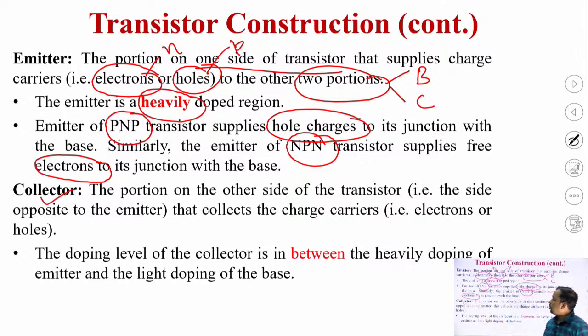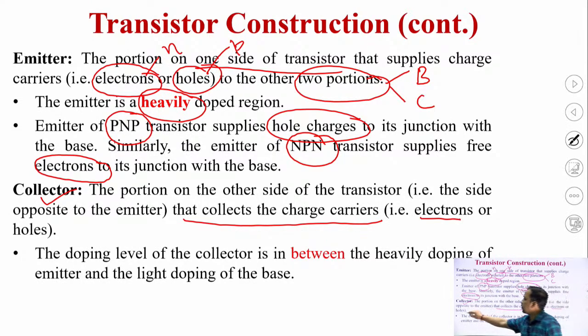Now we will talk about the collector. The collector is the other side of the transistor. It is the portion which basically collects the charge carriers. What type of charge carriers? Again we have two types, electrons or holes, depending upon NPN or PNP.